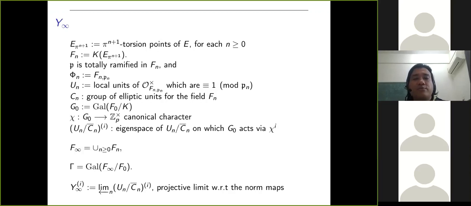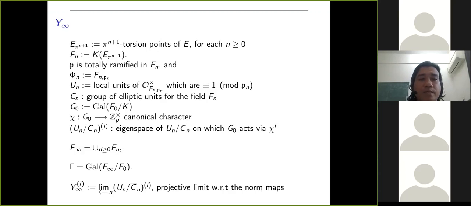E[pi^(n+1)] denotes all the pi^(n+1) torsion points of E. Then I adjoin these points to my base field K. Then I get a field extension called Fn, and one can even show that the prime P is totally ramified in Fn.